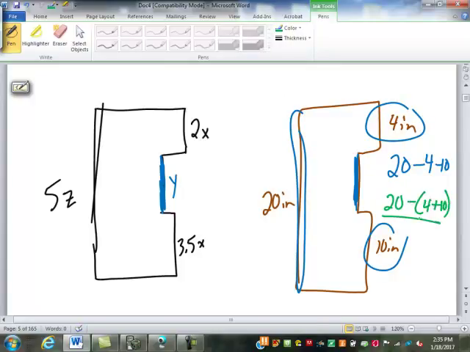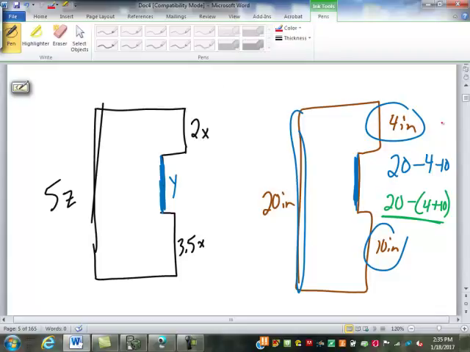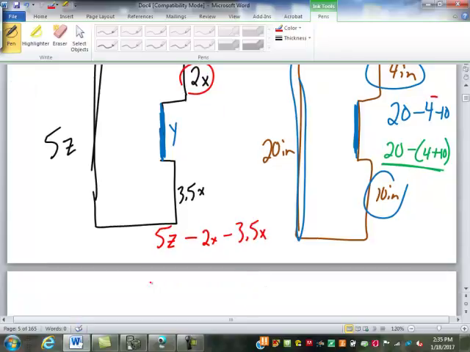Very good. So over here, I can use either one of those strategies. I just have to include the variables. So I can start with 5z and either subtract 2x and then subtract 3.5x, or I could start with 5z and subtract, in parentheses, 2x plus 3.5x.